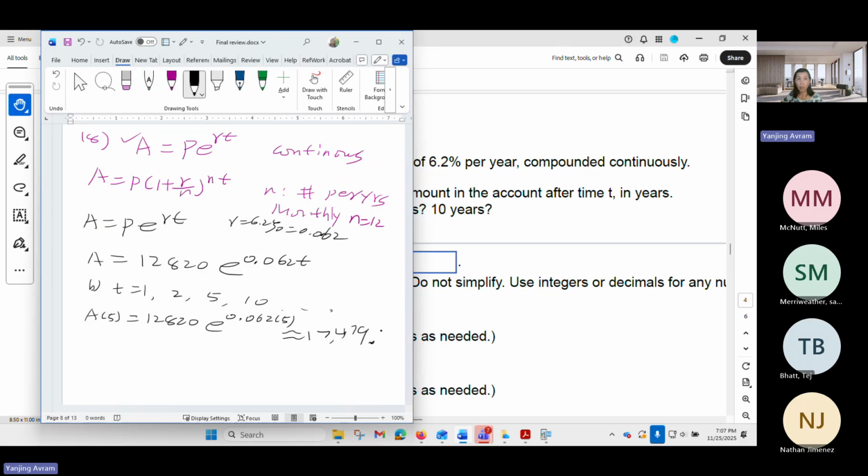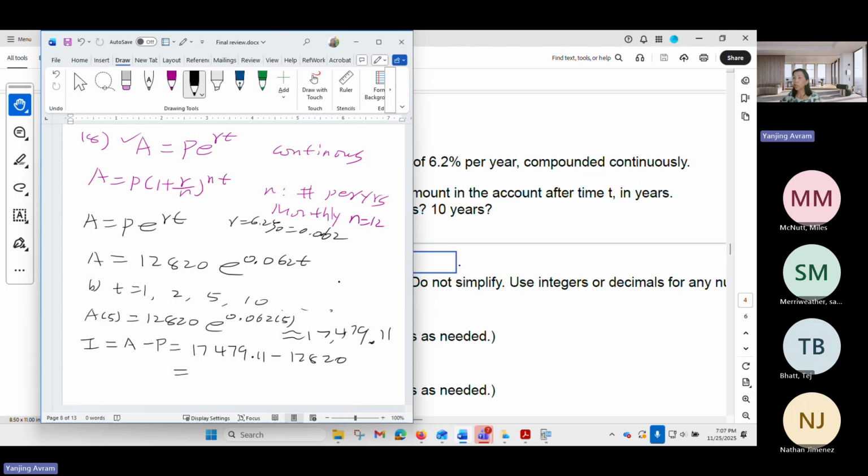So you have this much money already. If you have this much money deposited in a bank, you have 17,000 something. How much interest did you make after 5 years? You use the amount minus the principal: 17,479 minus 12,820.